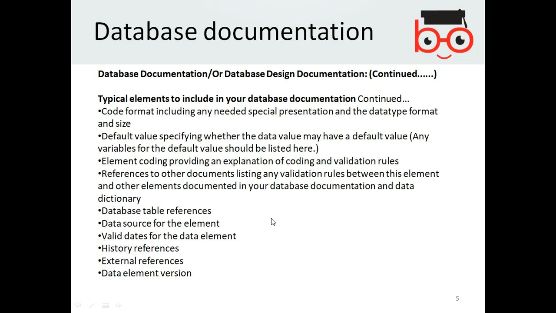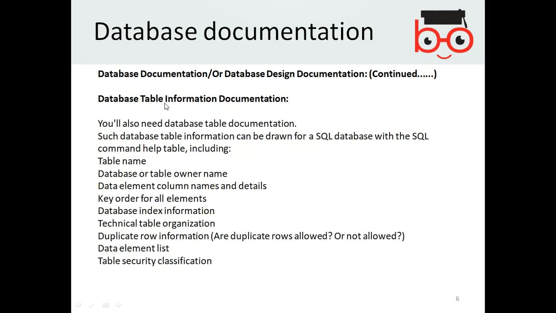Now, for database table information documentation, you will also need the database table documentation. Previously we were talking about data elements, now we are going to talk about the table. Such database table information can be obtained, for example, from the SQL database with an SQL command.